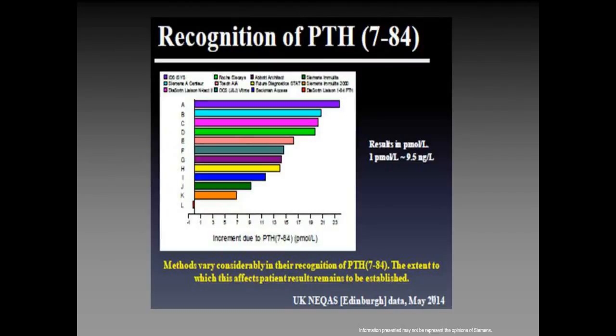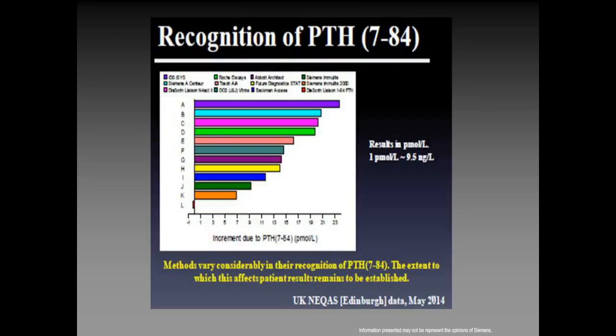So this variation, to a large degree, is related to the ability of the assay to measure and detect these 7 to 84 family of peptides that I mentioned to you. And I think it's clear from the slide here that the ability of the various commercial PTH assays to detect this family of peptides varies greatly, but most assays detect it to some extent, except the ones on the bottom, which have a detection antibody at the very end terminus of the PTH molecule.